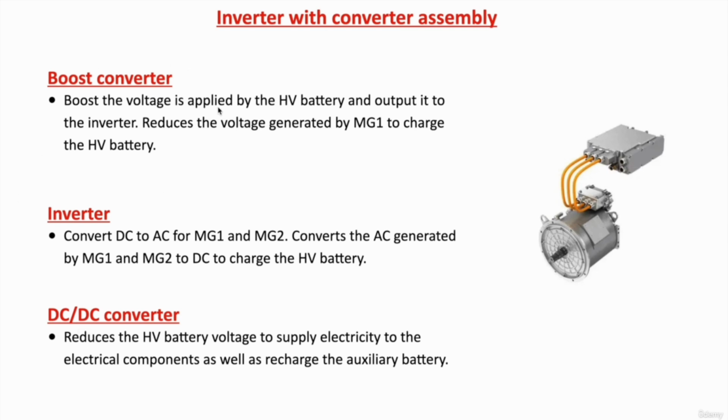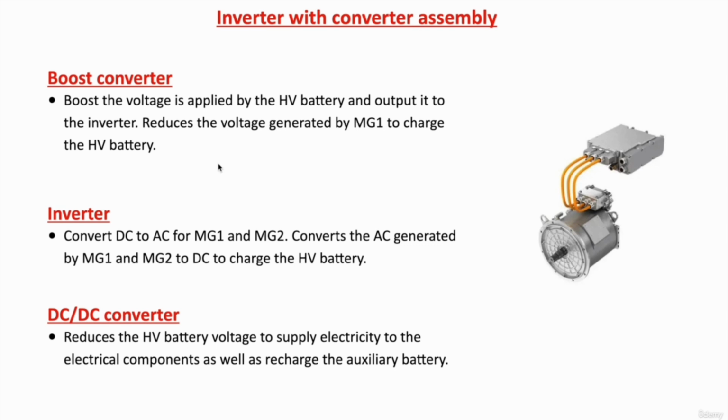The first one is boost converter. As the name suggests, it boosts the voltage that is applied by the HV battery and outputs it to the inverter. It reduces the voltage generated by MG1 to charge the HV battery. The battery has low voltage, so in order to power the wheels we need high voltage. The boost converter helps in increasing that voltage.